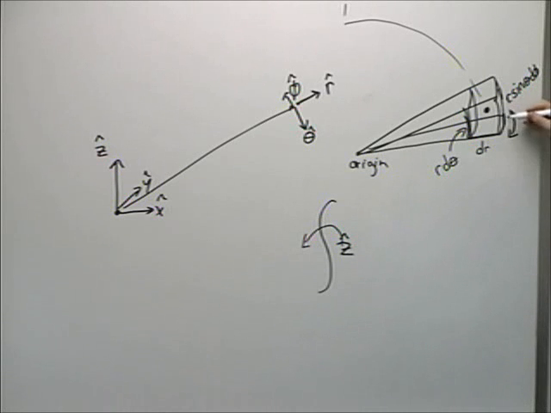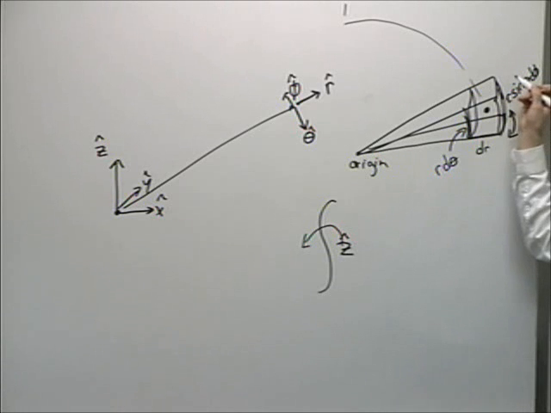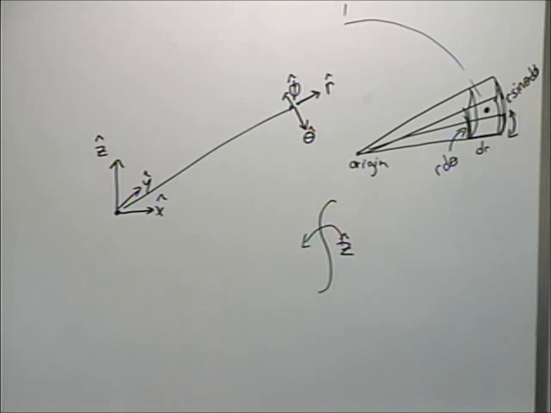This is a remarkably, with near computer-like accuracy, a 3D rendering of this element of integration. It kind of goes into the board. Yes, that's right. So this r d theta is kind of like this. The r sine theta d phi is kind of like this. And then the dr is increasing in that direction.